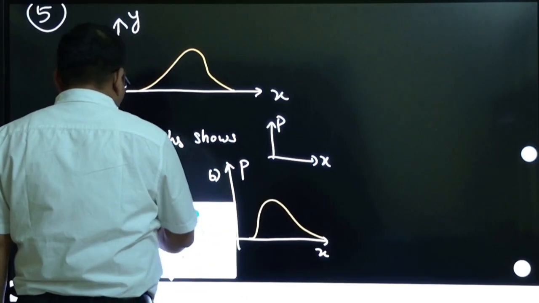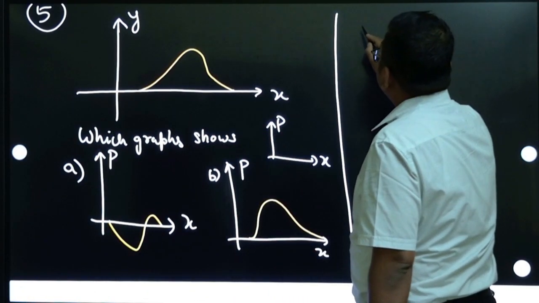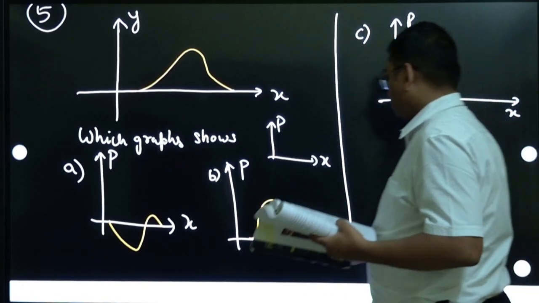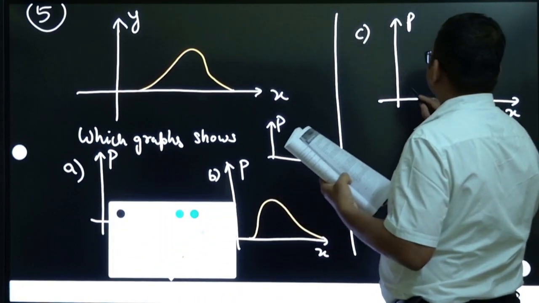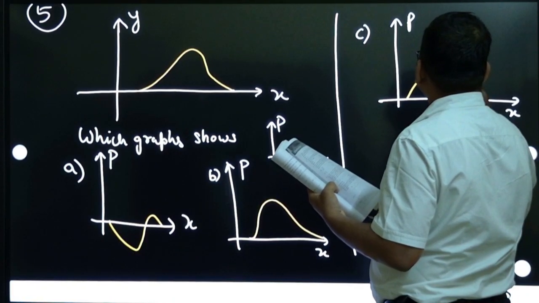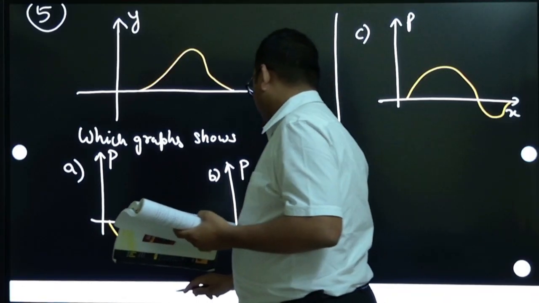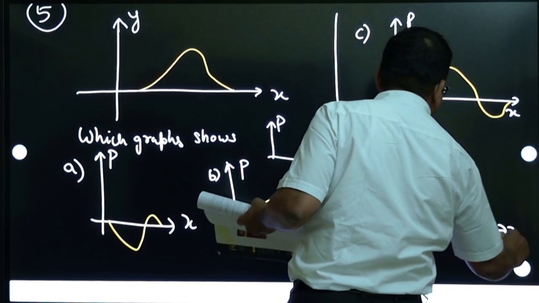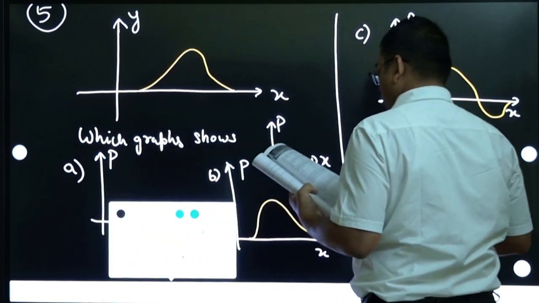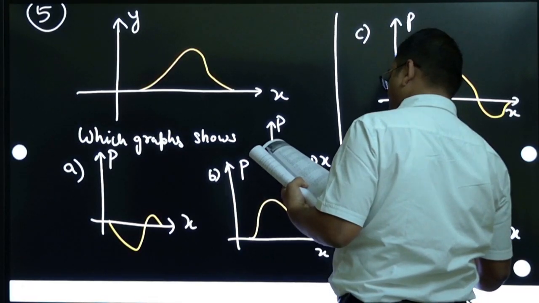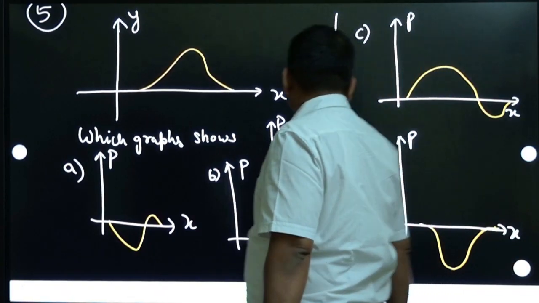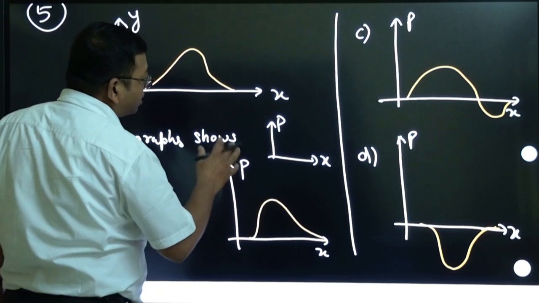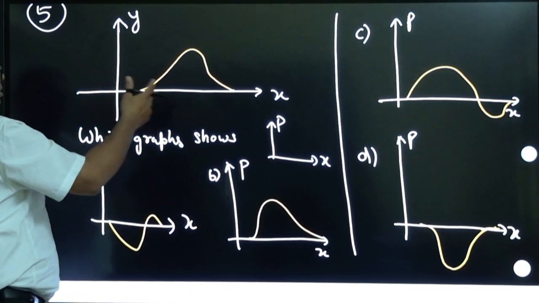Okay, then another graph is also there, C and D. Okay, so now try to figure out which of these graphs A, B, C, D represents pressure versus x graph. Here displacement versus x graph is given.